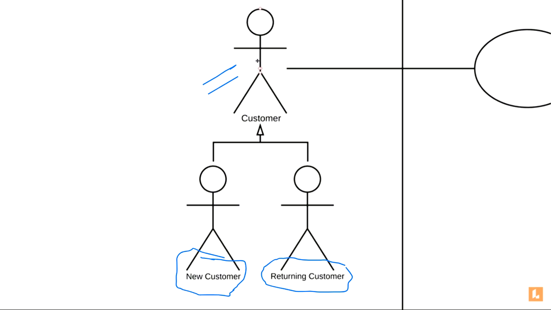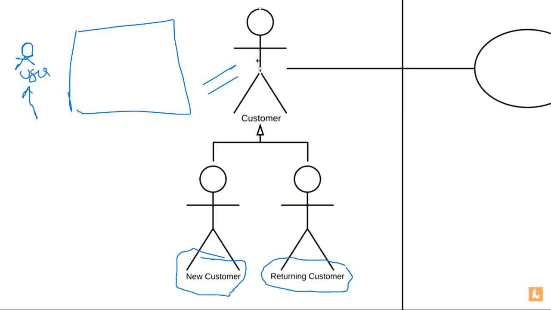So this is your examination system, and here you have drawn an actor that is a user. Now this user can be either a student or a teacher.